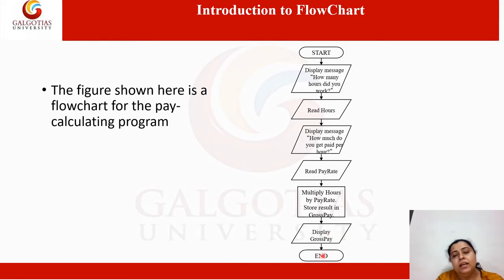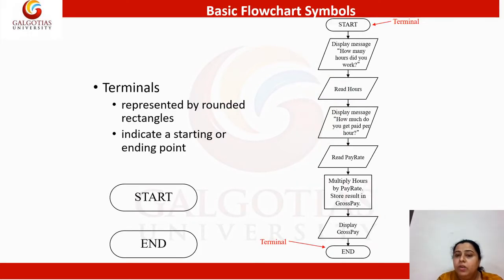So this is the figure that shows a flowchart with the steps involved in a pay calculating program. As we know, the terminals are start and end, right? The termination is end, the beginning is your start.